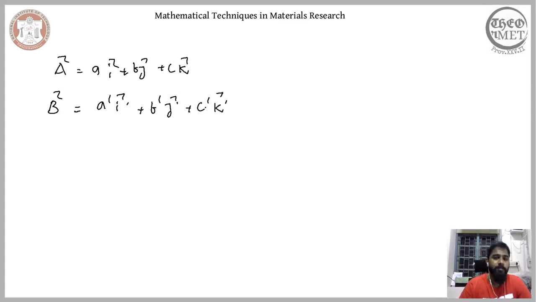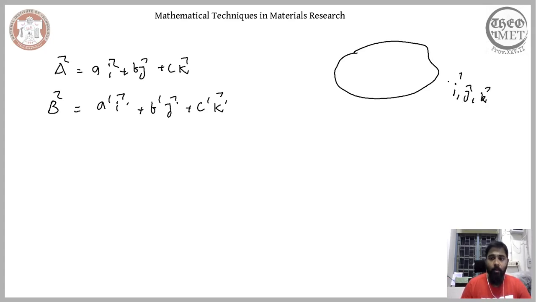Now, if I want to know how much of A vector can be found in the I direction, I'm considering a space that is described by I, J and K. I want to understand how much of this A vector is found in this I vector.